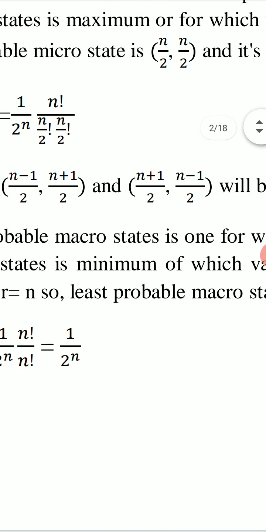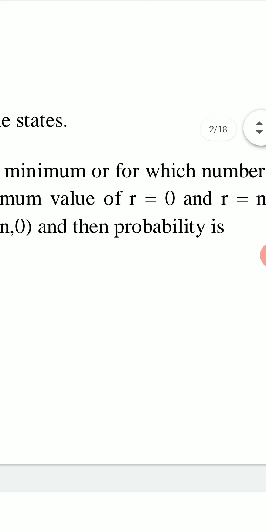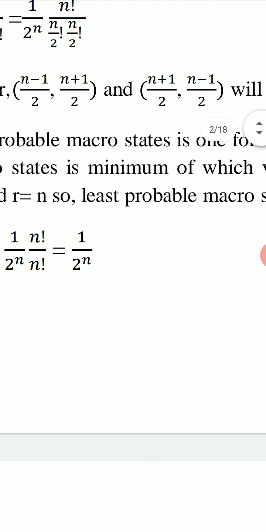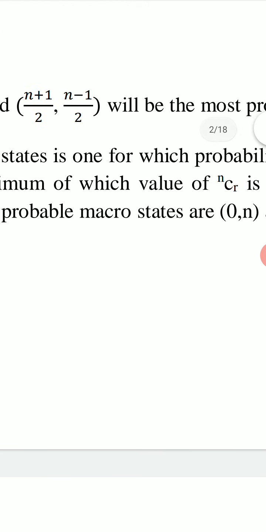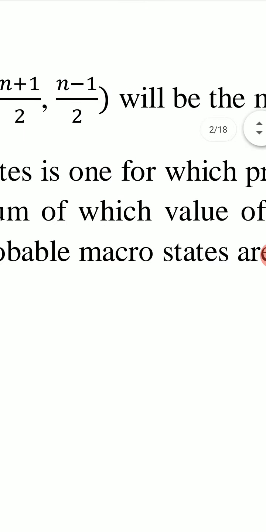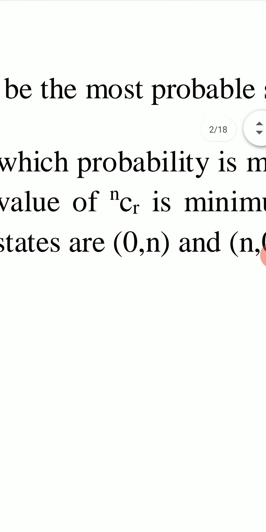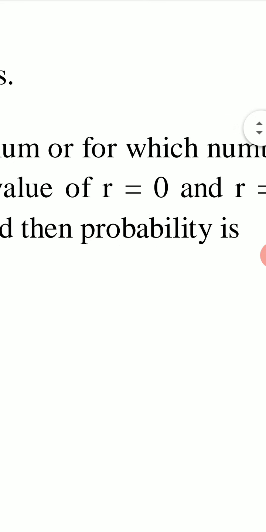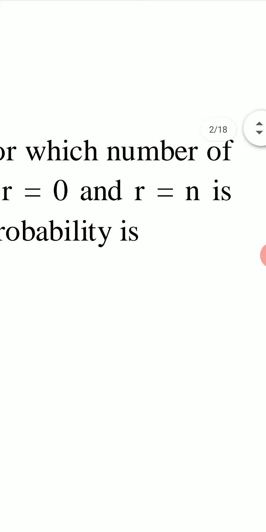The least probable macrostate is one for which the probability is minimum, or for which the number of corresponding microstates is minimum, or for which the value of NCR is minimum. And the value of NCR will be minimum for r equal to 0 or r equal to n.